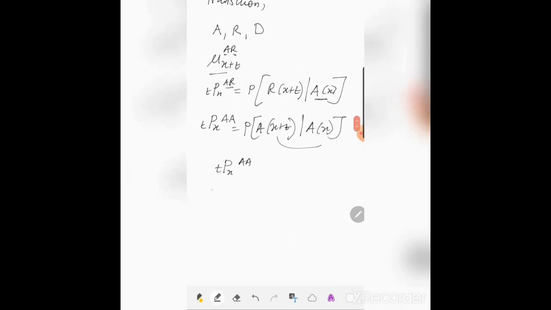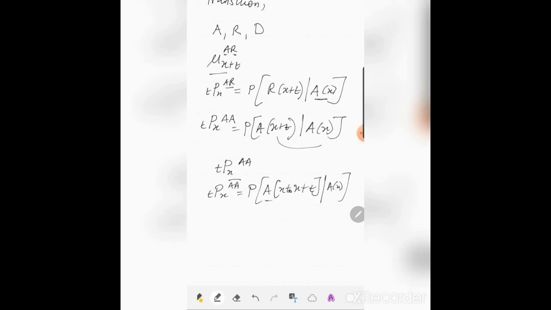But when I write it as tPx AA bar, it means the probability that he is in state A throughout x to x plus t, given that he is in state A at x, which means that he did not change state in the middle, and has been in that state only.